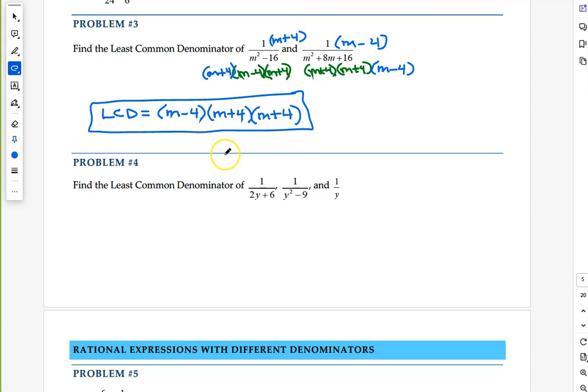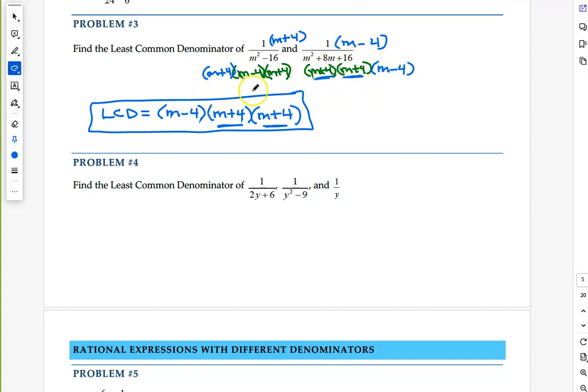Because the m plus 4 repeated here, right? There were 2 of them on this side. So that means I need 2 of them in my denominator, because that was all one part of one fraction.